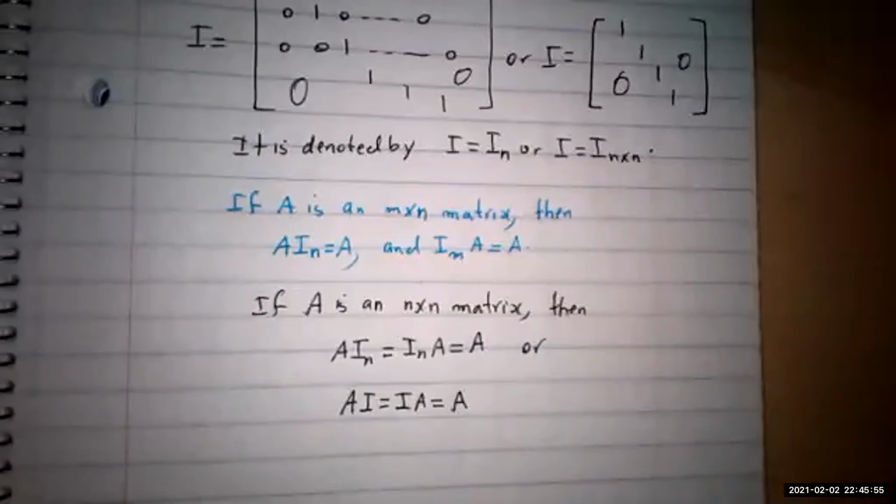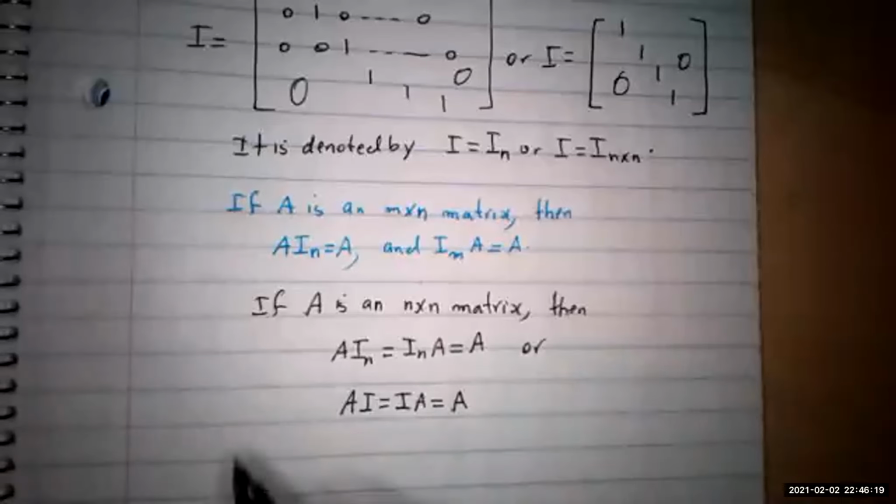When we multiply 1 times any number, we get the number. So 1 is a multiplicative identity. In this case, this matrix I is going to be a multiplicative identity for the operations that we are going to have.